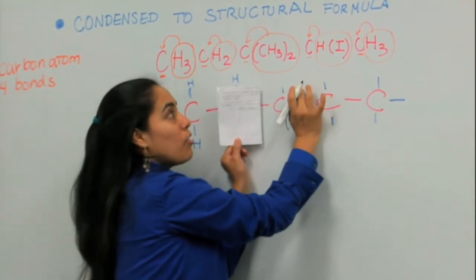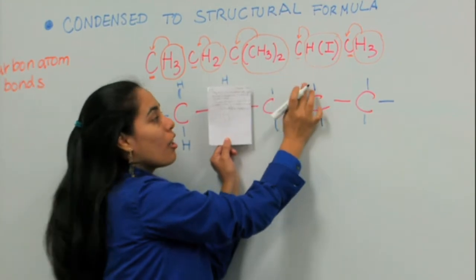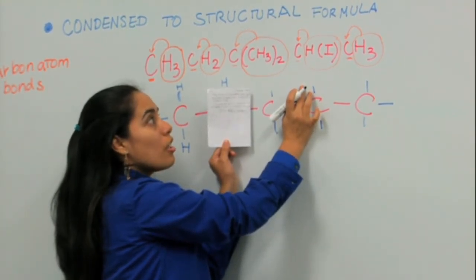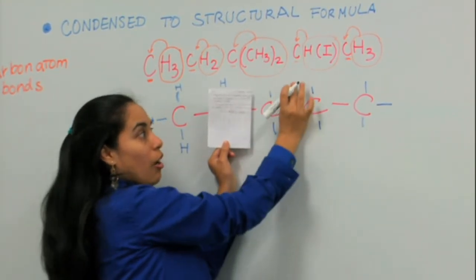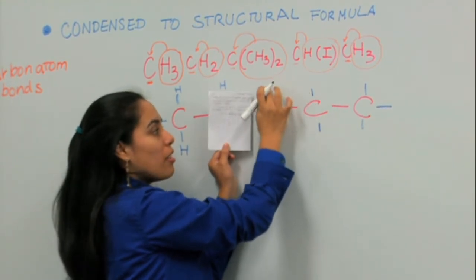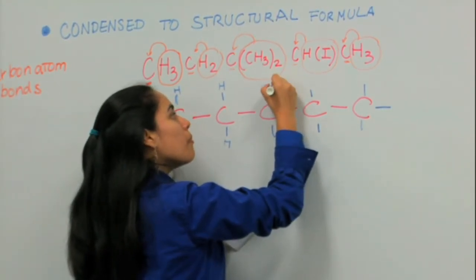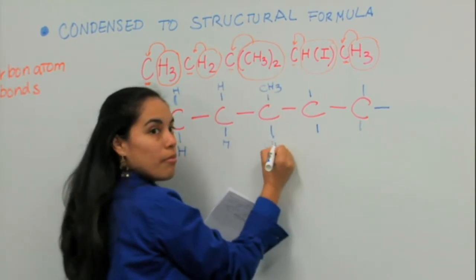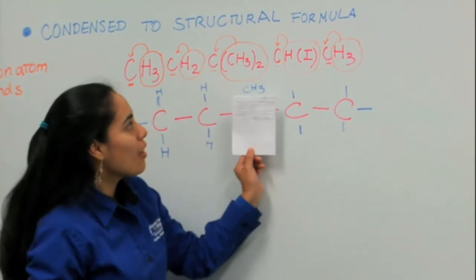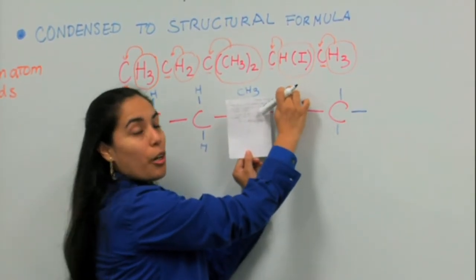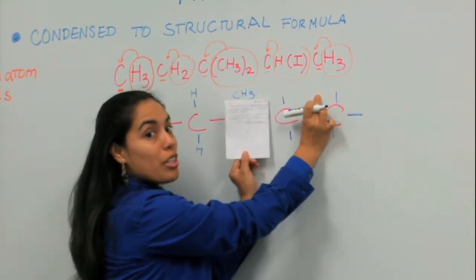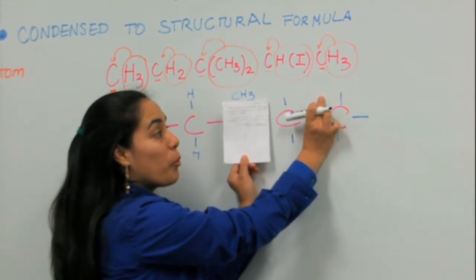Next one, this carbon is going to represent this carbon here. And I need to put a CH3 on every space available. That means here and here. Next, for this carbon here, it is bonded to a hydrogen and an iodine atom, right?